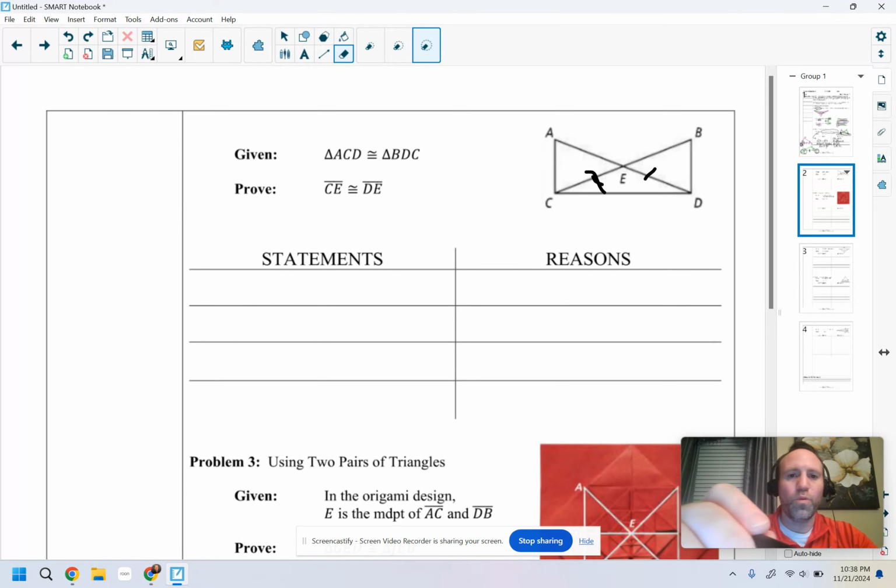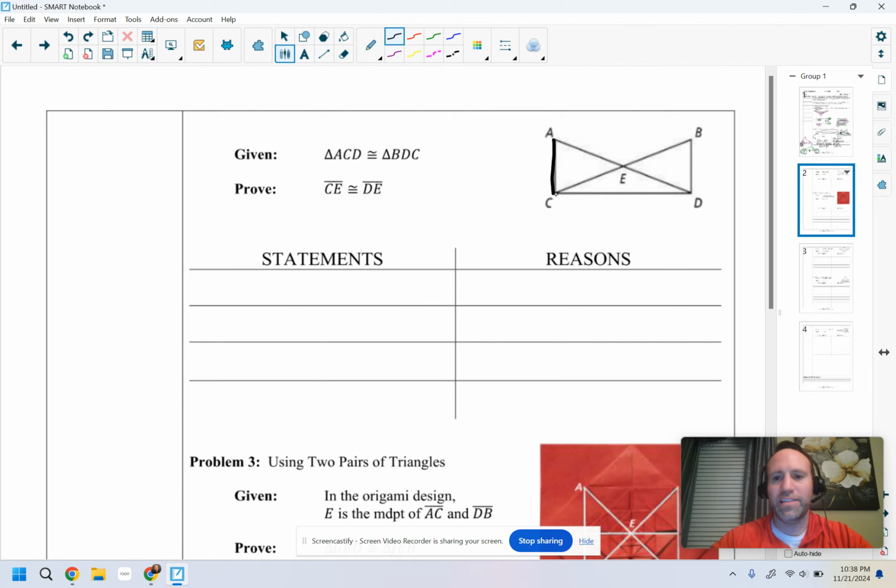Okay, so what do I know? Well, I know the two triangles are congruent, meaning ACD and BCD. I want to prove that CE is congruent to ED. Once I marked it on here, it jumped out at me that it's isosceles triangles.